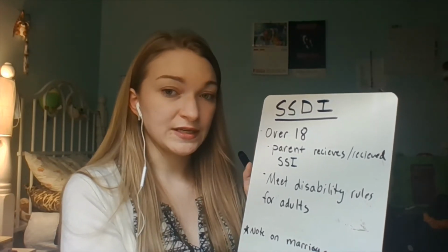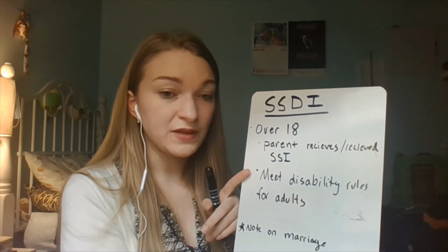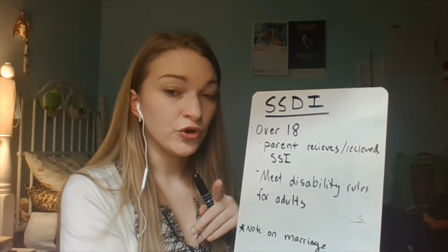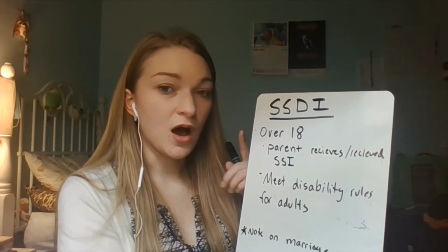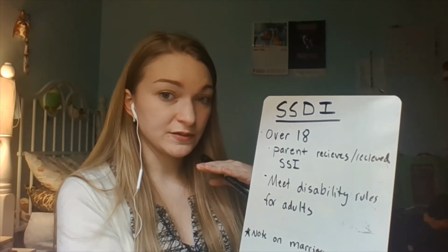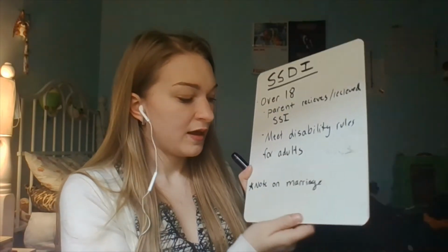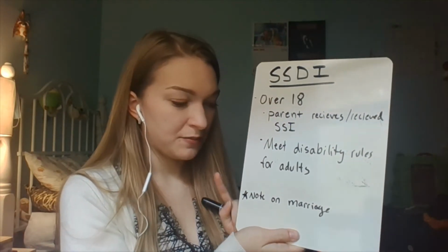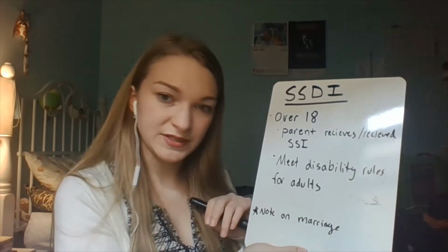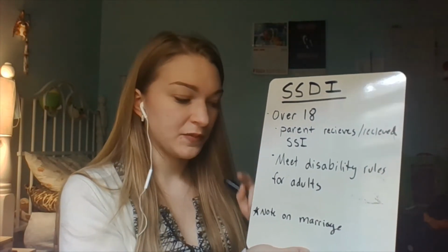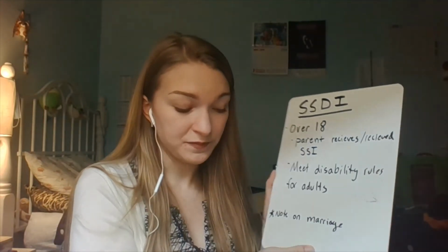Once you're over 18, if you have a disability and you meet the disability rules for adults, you can still continue receiving the money under your parent through this program, SSDI. Something to note though is that marriage of the child receiving this, even though they're over 18, may affect if they can receive SSDI or not.